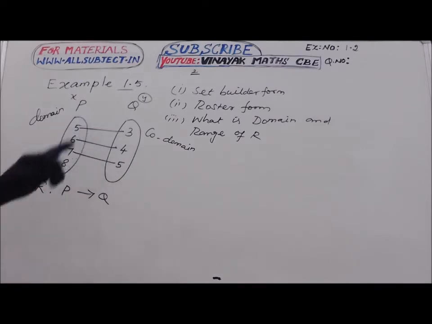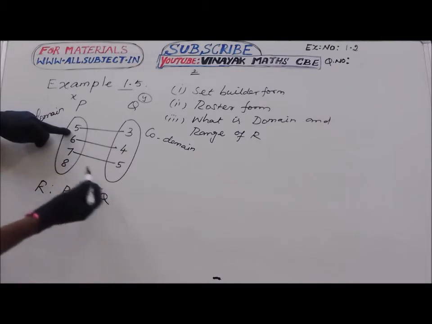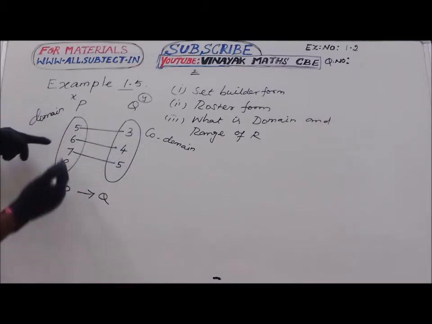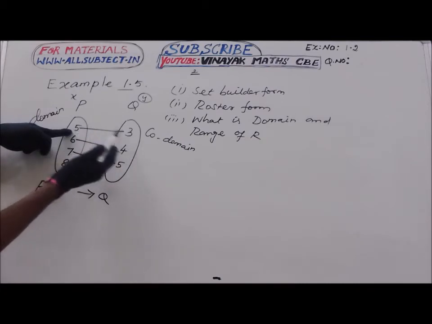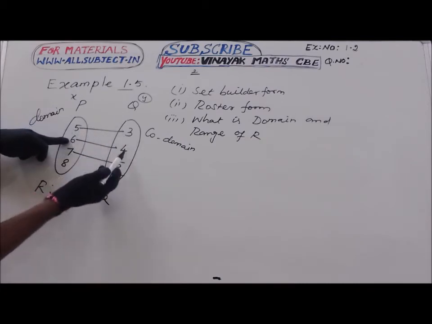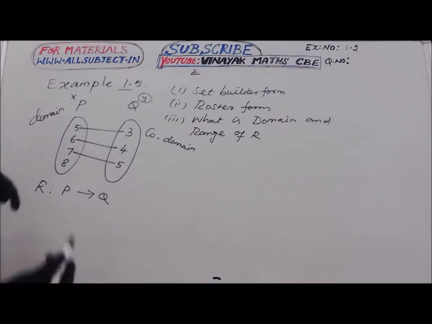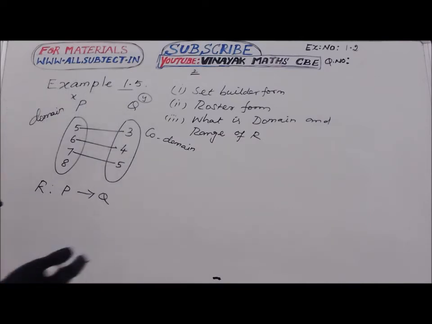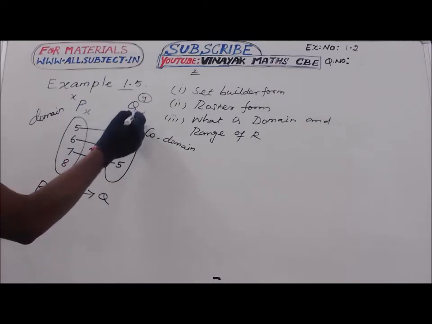Look at the corresponding elements here. Here we have 5, 6, 7, 8, continuous elements, and here 3, 4, 5. Comparing these values, we have a difference of 2, and comparing 7 and 5, we also have a difference of 2. So these two vary by 2 only. So we can take this as X, this as Y.